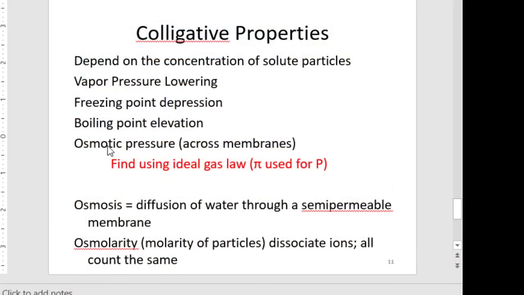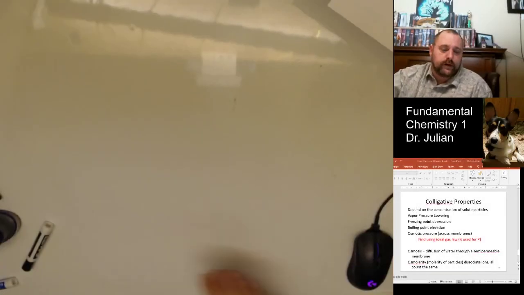Here we've got osmotic pressure, the pressure across the membrane. Most of you have studied osmosis. I'm going to leave you to look at that. One thing real common there is it looks just like the ideal gas law. Let me show that real quick.